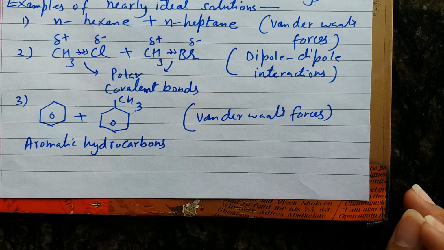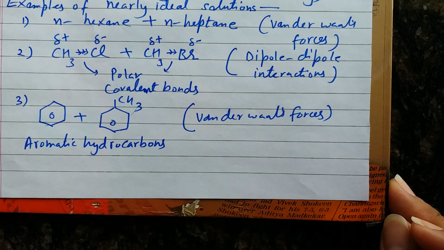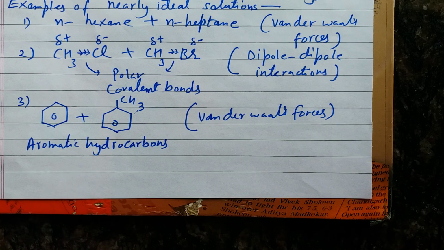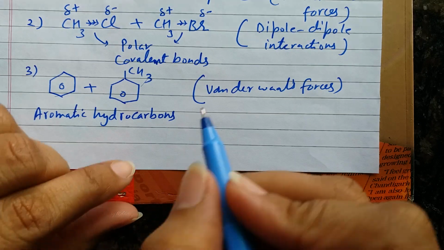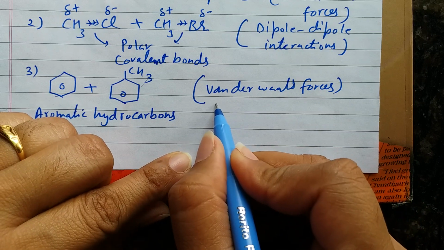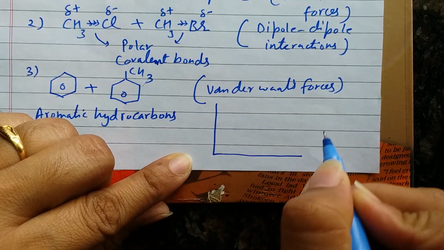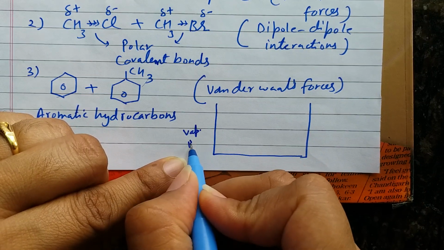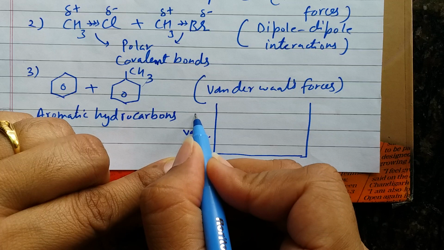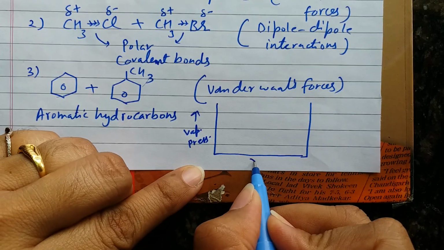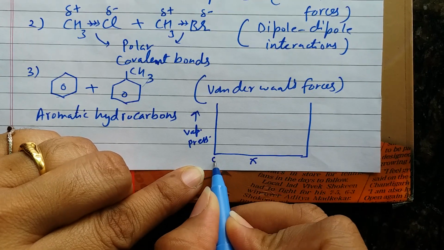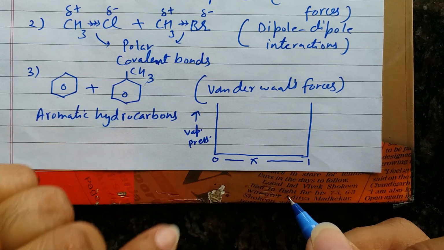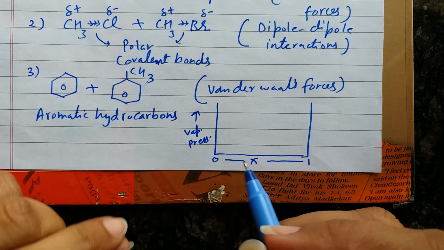Now I'm showing you the variation of vapor pressure with the mole fraction in such cases when a solution behaves ideally. So when we plot vapor pressure with the mole fraction of any one of the components A or B, what type of behavior will it be?